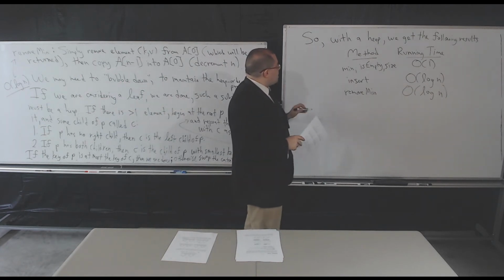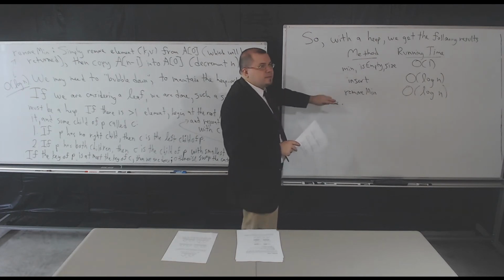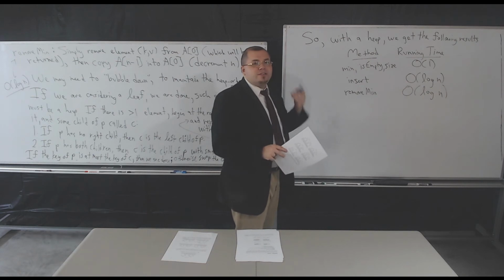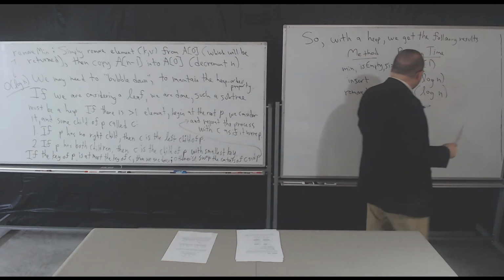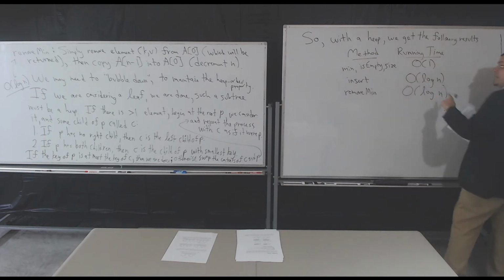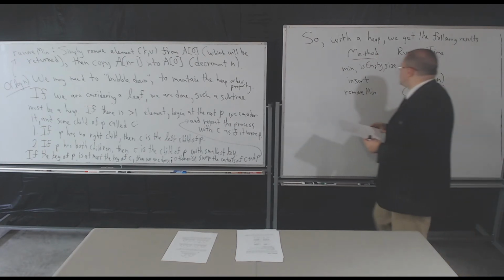So it's worth noting that I've stated that these take big O of log n. However, this is under the assumption that I know the length of the array, which is very often the case. However, as I'm going to mention either today or next class, these are actually based on amortized bounds, which I'll talk more about when we get there.